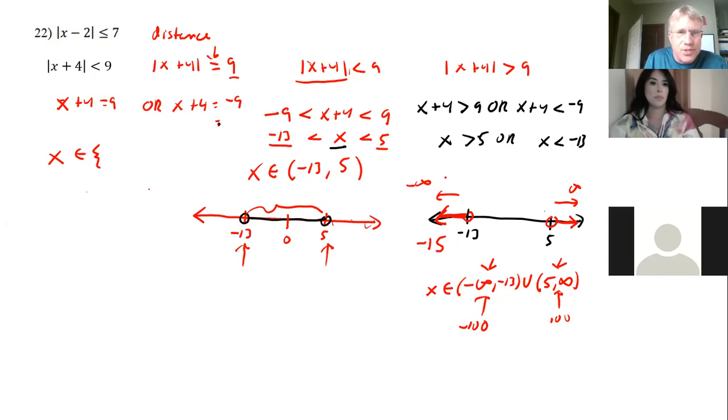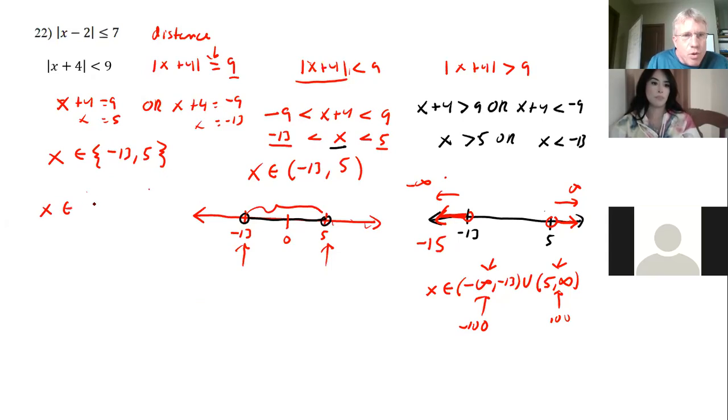If I solve this, I'm going to get negative 13 and I'm going to get 5. And the only way to be exactly a distance of 9 from 0 is to be standing right on the negative 13 or to be standing right on the 5. So I'm putting this in a set because I can list the items.